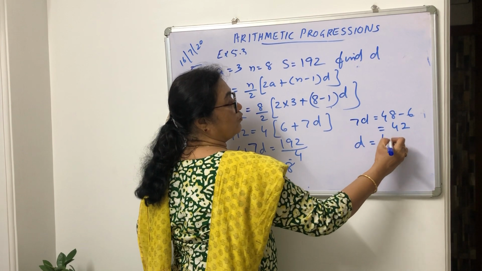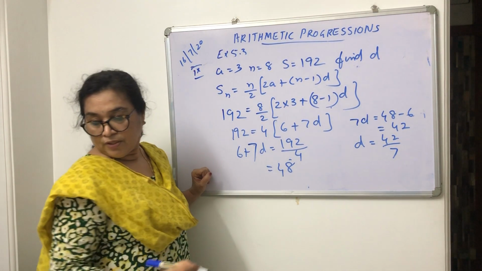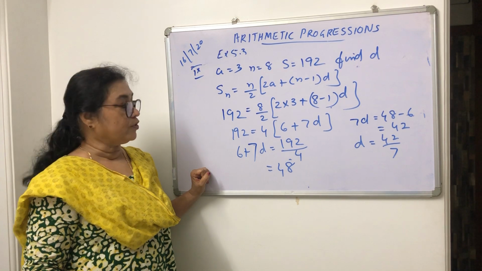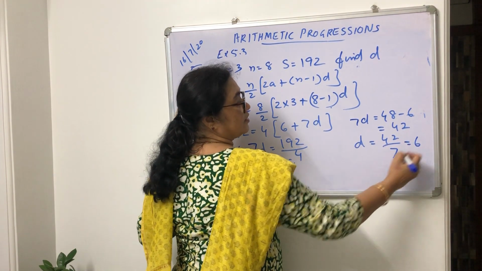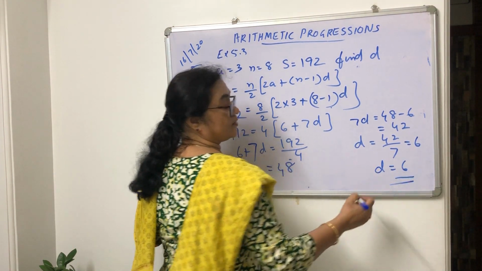D is equal to 42 by 7. So the value of D is 6.